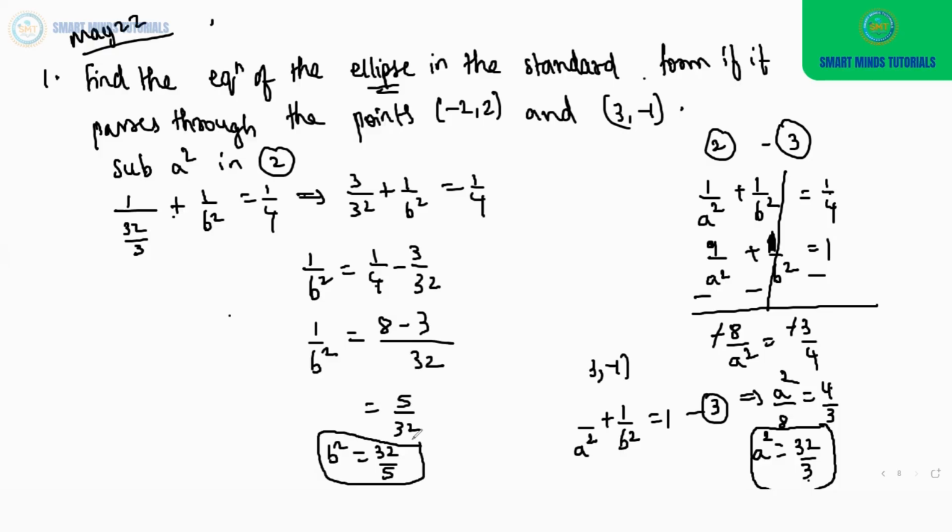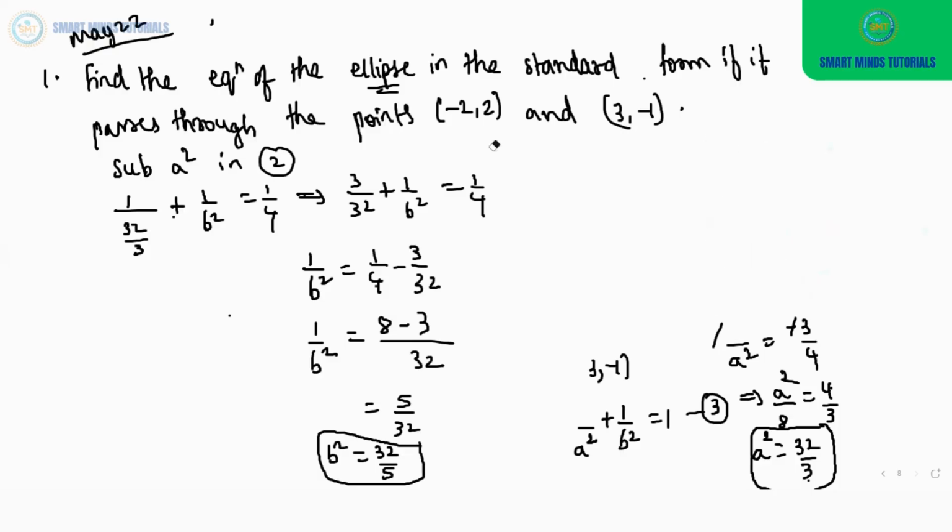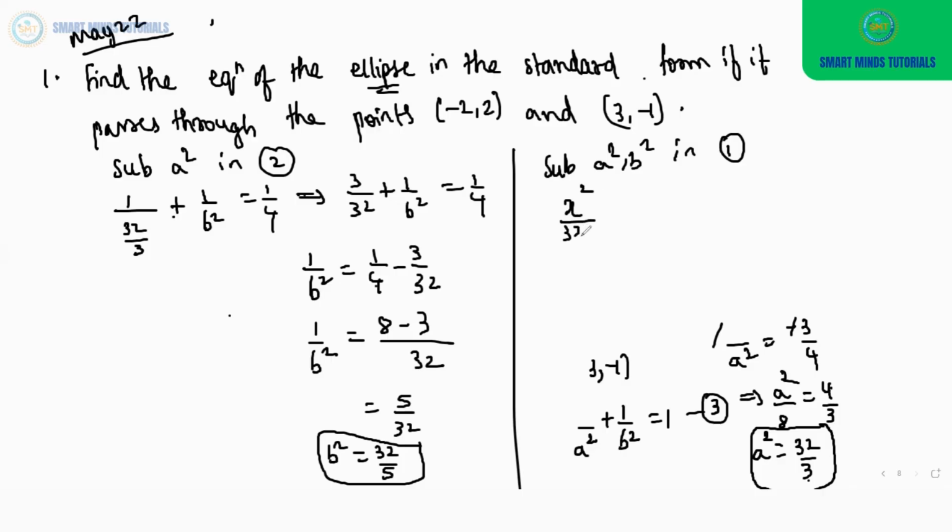Now substituting a square and b square in equation number 1. So x square by a square plus y square by b square is equal to 1.